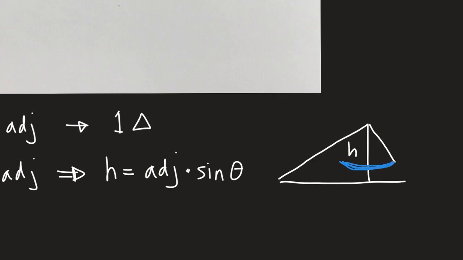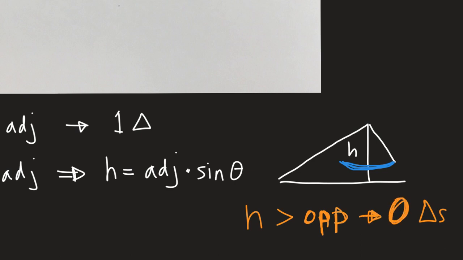So if your height is greater than the opposite side, we have 0 triangles possible. 0 triangles, right? Because it swings, it doesn't even touch.